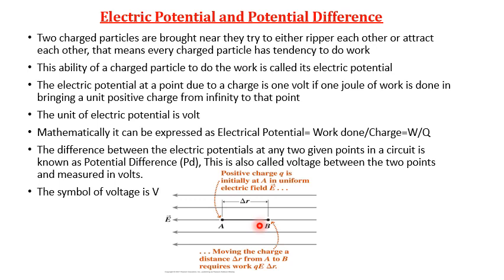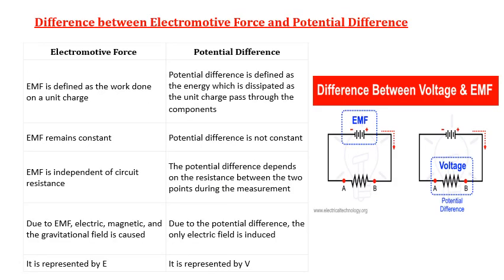The potential difference symbol is capital V. We can represent potential difference as capital V. Now the difference between electromotive force and potential difference. This is electromotive force and this is potential difference.